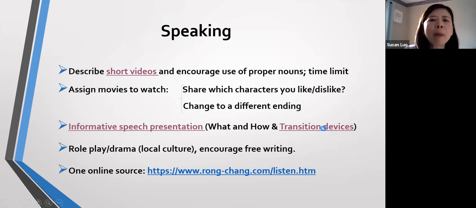So try to combine academic English and fun English together a little bit. You encourage your students to write complete sentences. You encourage your students to use those transition devices in their speaking. Those skills can also be very helpful with their writing practice later.